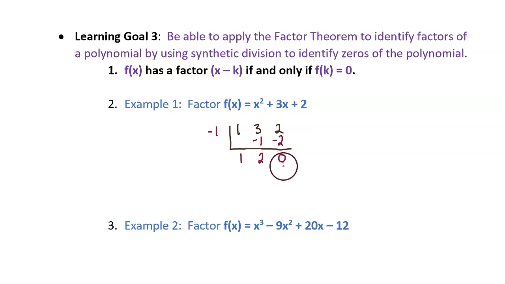The remainder is 0. What that means is -1 is a 0. If -1 is a 0, that means x plus 1 is a factor. Not only did synthetic division get us one of our factors, but by looking here, we can see the other factor is x plus 2.